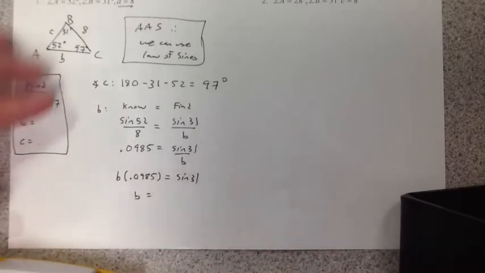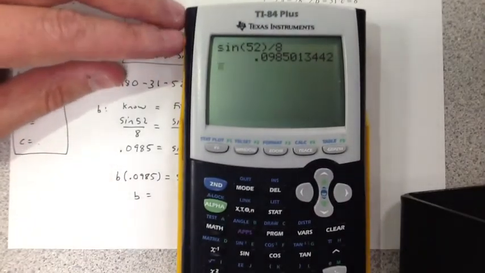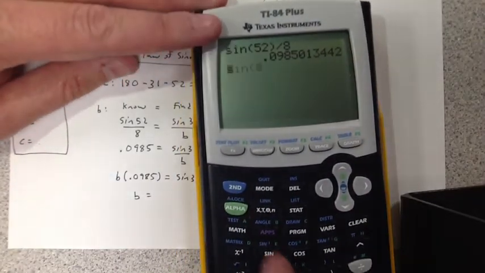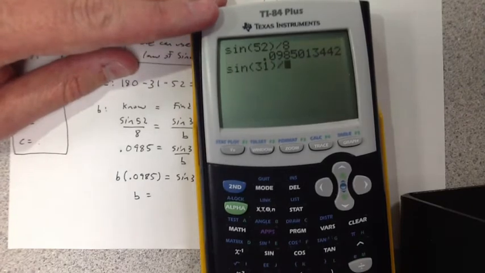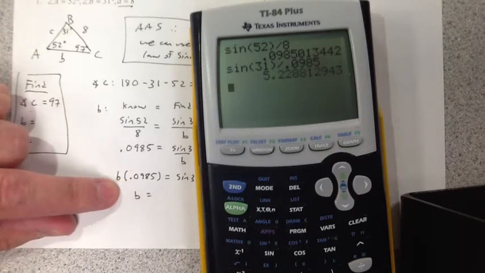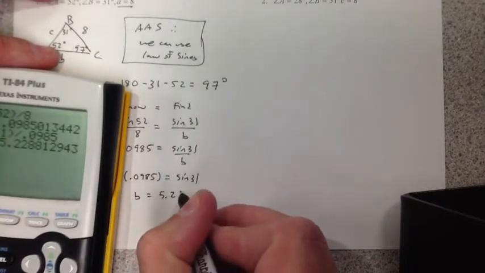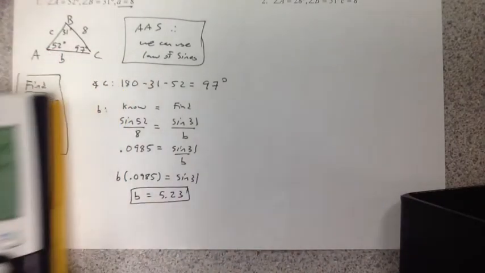Solve for b, just a little bit of division, okay? We take the sine of 31 and we divide it by the 0.0985. And I hit enter, and it gives me about 5.23. And there's B.